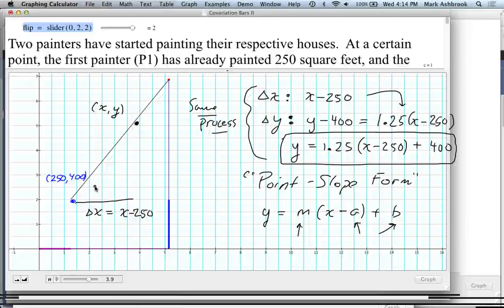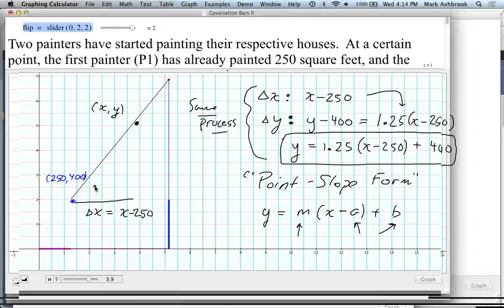So when painter 1 started, x would be 0. If I'm starting from that point, what would our x value be? So delta x would just be 0 minus 250.